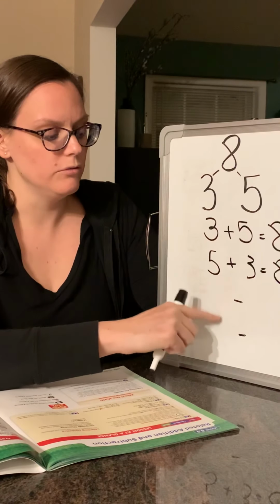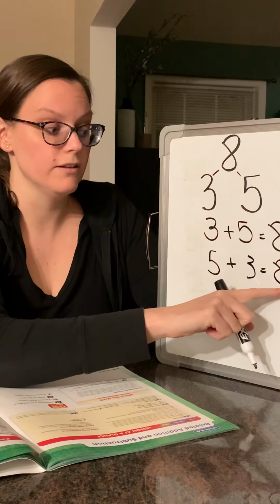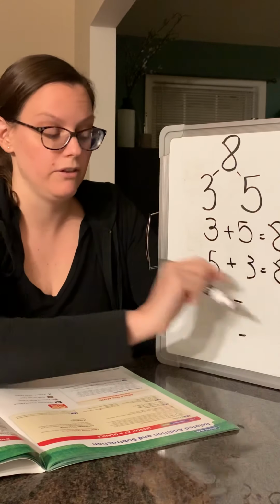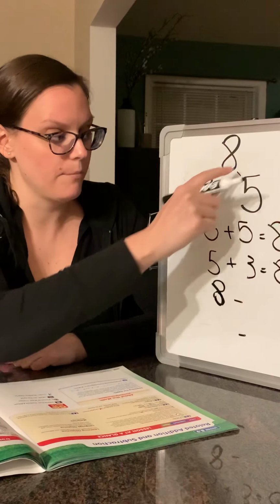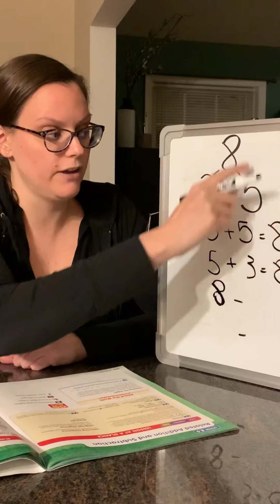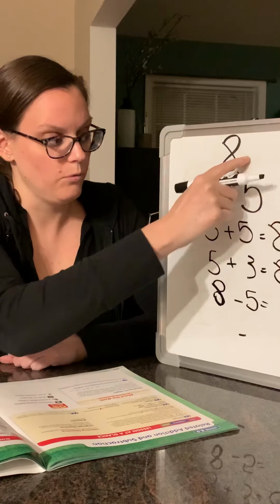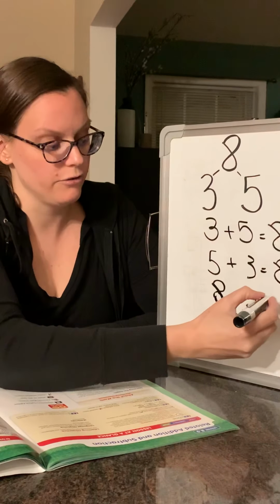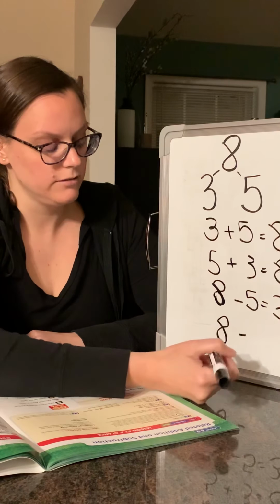So when we write our subtraction facts, we're always going to start with the bigger number, or the number we left off with in the sum. So the bigger number is 8, and if we work backwards, we could now take away 5. Before we added 5, now we're going to take it away, and we're going to be left with the third number, which is 3.